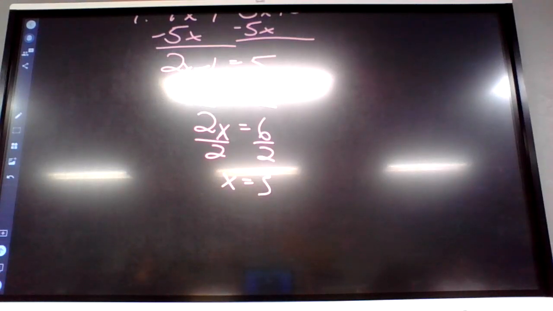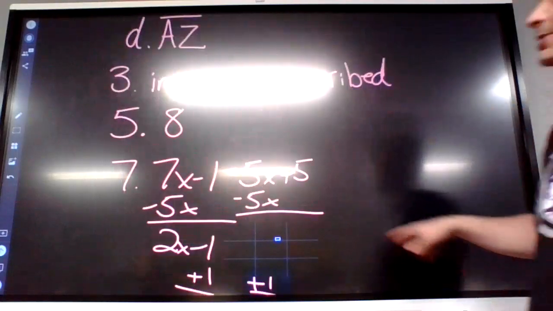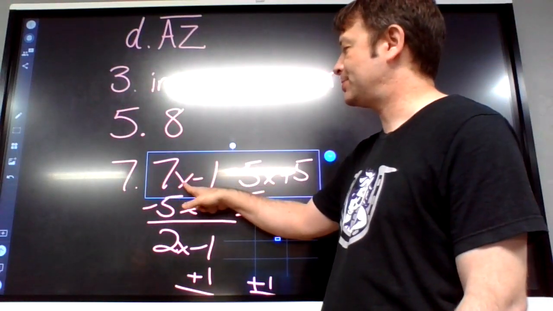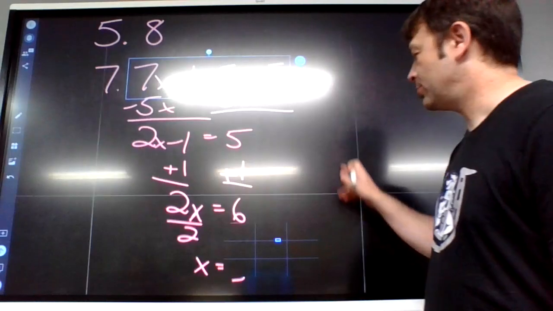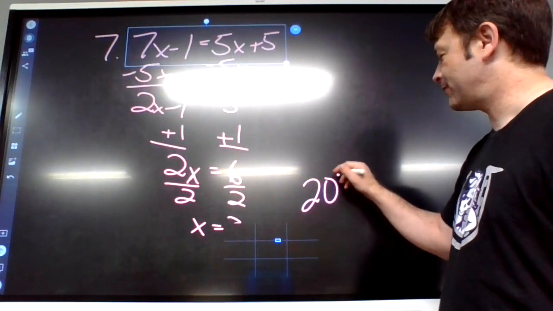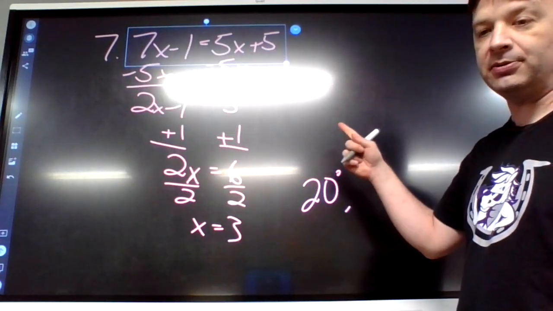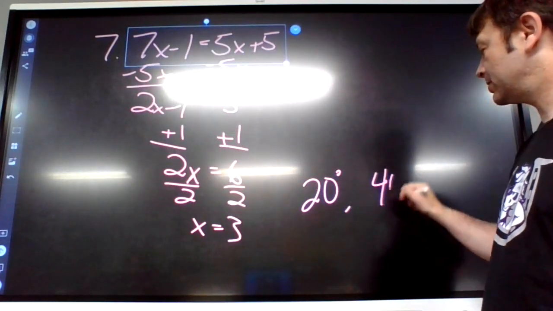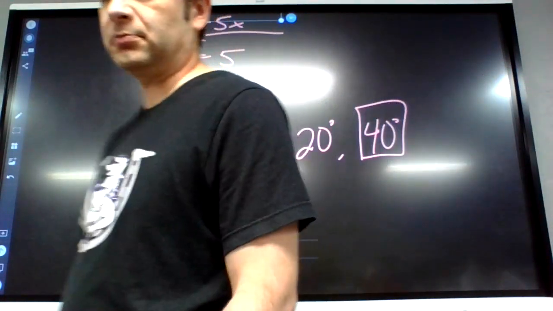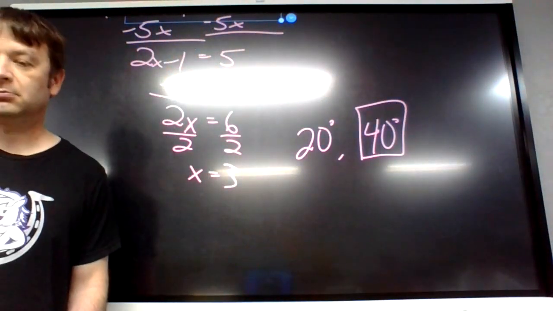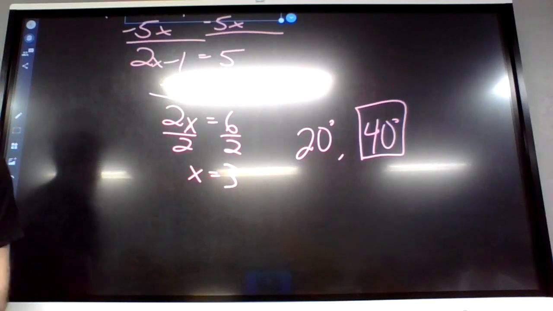So in other words, plug in x equals 3 to one of these angles. So 7 times 3 minus 1 is 20. So one of those little angles is 20 degrees, therefore angle VRU, the big angle, is 40. That's the actual answer. So 40 is the answer? Yes. No.